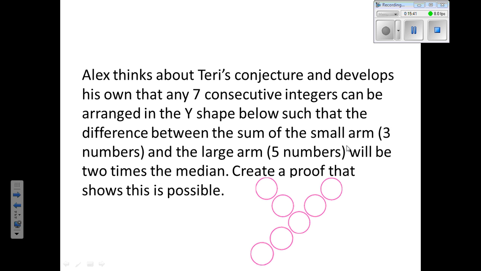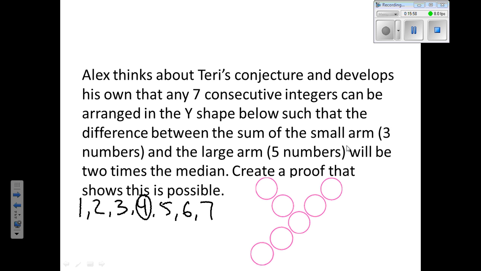So remember, median is the middle number. So let's use the numbers 1 to 7. So our middle number is 4.